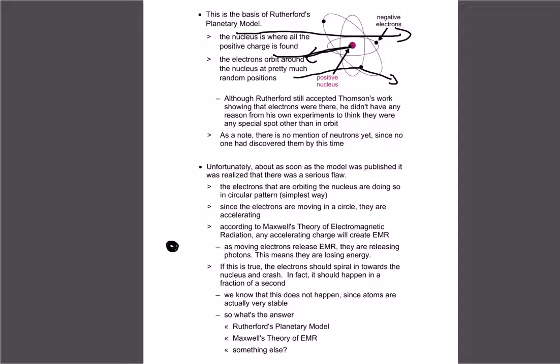So with a positive nucleus and an electron in orbit, if it slows down by losing energy, it would eventually collapse in on itself. This doesn't happen. Our atoms are quite stable, so there's got to be a problem. So what's the right model then? That's to be determined. We'll stop there and look at Bohr's model next.